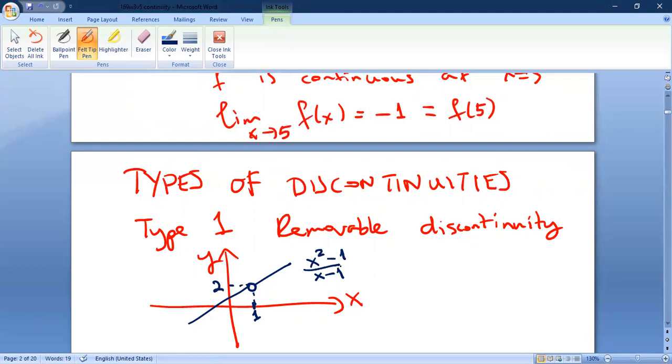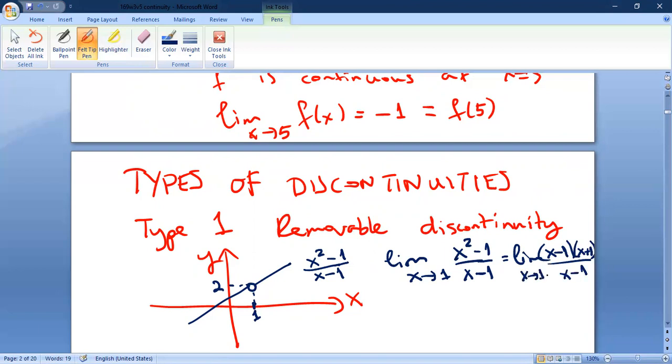Because if you look at the limit of this thing as x goes to 1, you can factor x squared minus 1 as x minus 1 times x plus 1, and then simplify with the x minus 1.